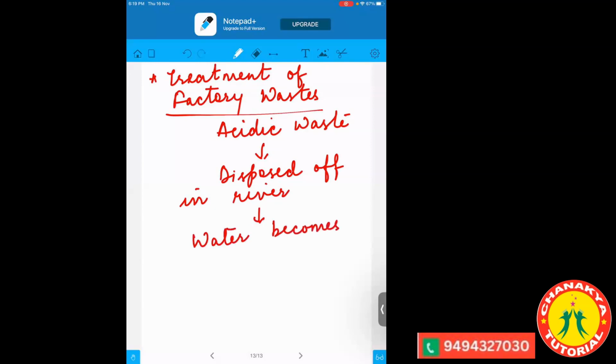And if river water becomes acidic, the aquatic life will get into danger. So factories produce the acidic waste and dispose of it in the river, because of which the river water will become acidic, and because of this the aquatic life will be in danger.